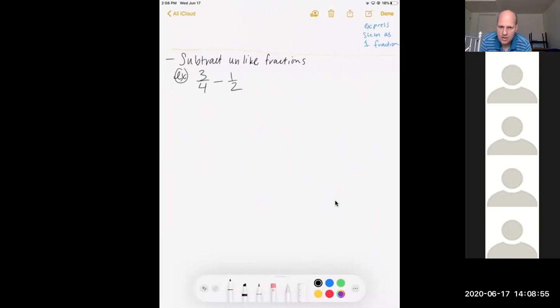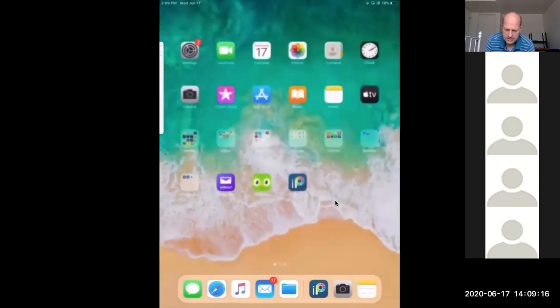Okay. So take a minute and use your fraction pieces to figure out how to subtract off 1/2, or cross out a half. How can we do that with our pieces?